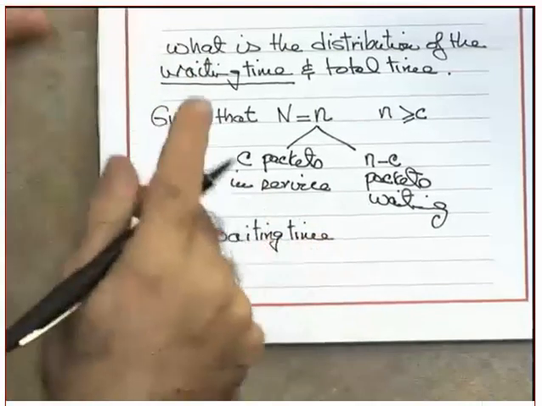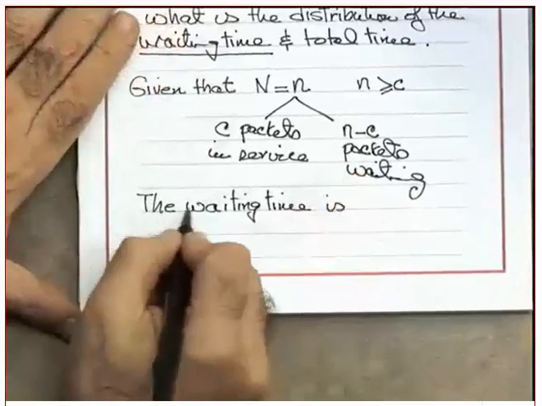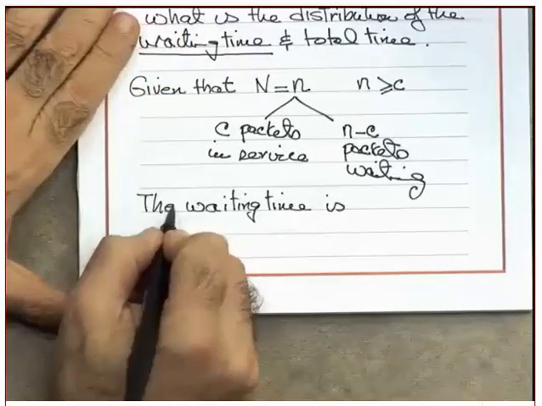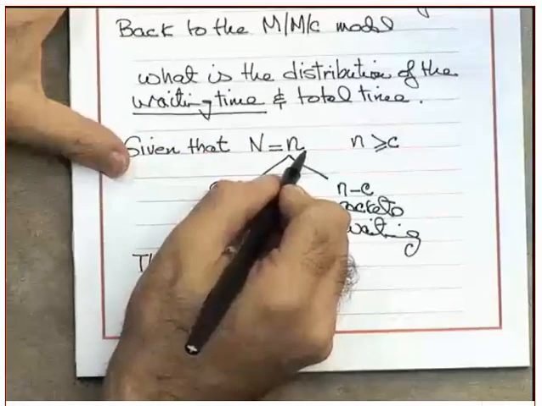I will show you how you lost me in just a second. The waiting time is, remember, is this the waiting time or is it the conditional waiting time, conditioned on the fact that N is equal to N?